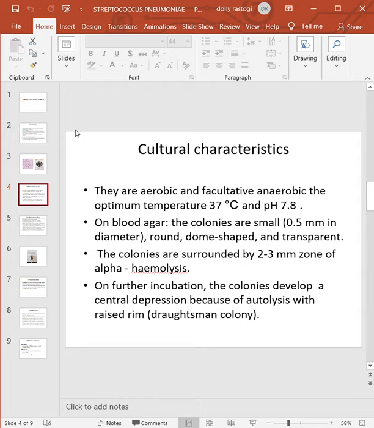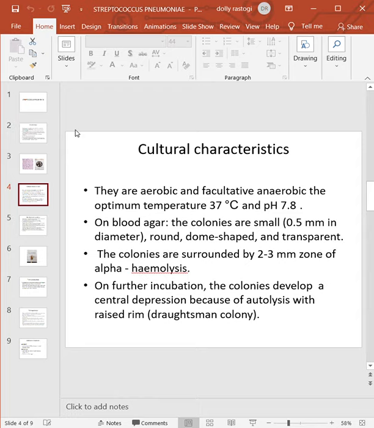On blood agar, after incubation for 18 hours, the colonies are small, dome shaped and glistening, with an area of greenish discoloration around them.